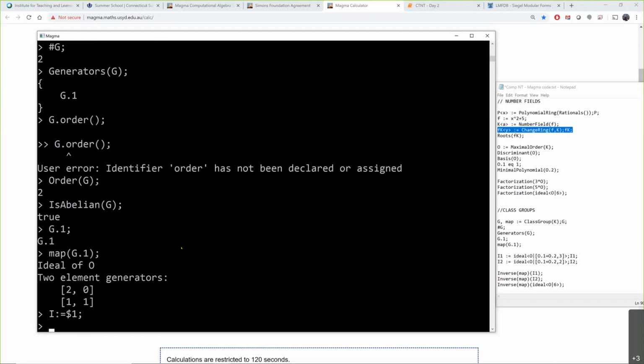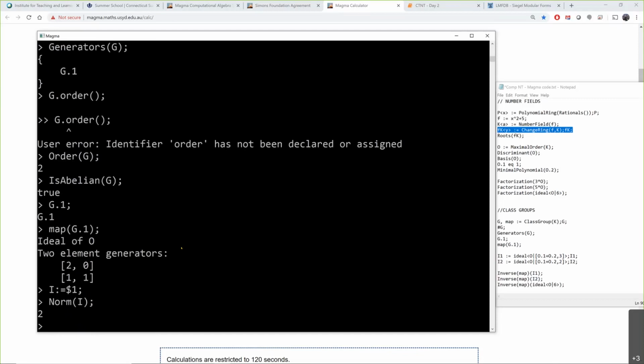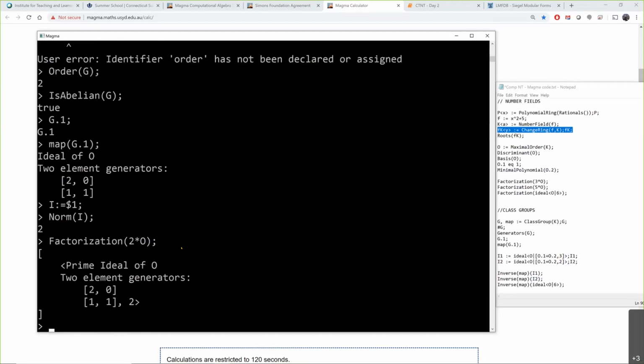Okay, so that's I, and then I can do the norm of this ideal just to see that it is an ideal above 2. Remember that 2, oh, did we do that? Maybe we didn't do this. How does 2 factor? 2 is ramified also, so there's one ideal above 2, but like the factorization of the ideal 2 is the square of a prime ideal. So that prime ideal, I, is not principal.